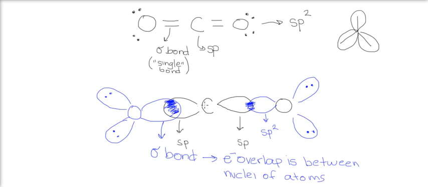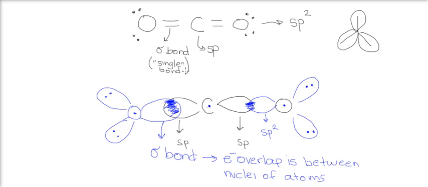All right. So one nucleus of the carbon atom is here, the nucleus of the oxygen is here, and the electrons are sandwiched in between those two nuclei. So whenever we have this case of electrons overlapping this way between the nuclei of atoms, this is what is referred to as a sigma bond.